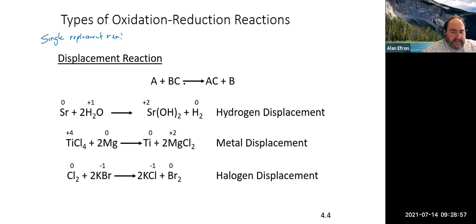And again, it does have this general setup of A plus BC. If this is a metal, this will be an ionic compound, negative. Because the metal has no oxidation state here, it will come in and kick out the positive guy.